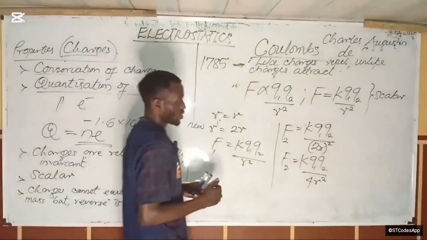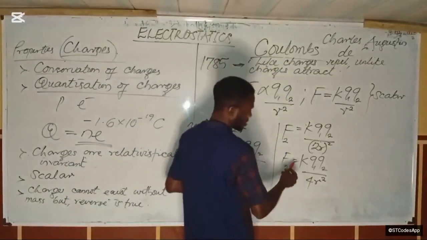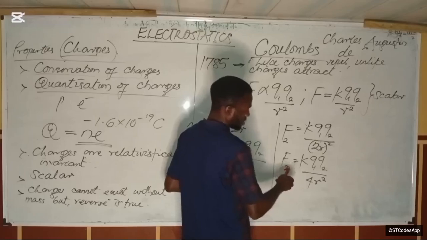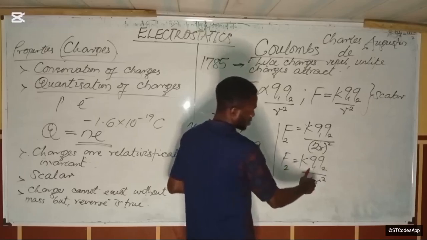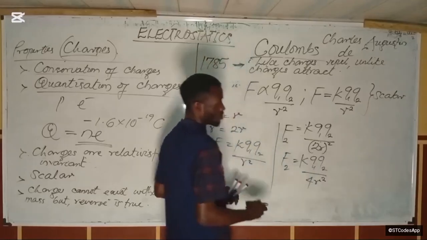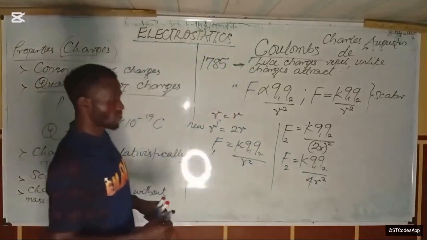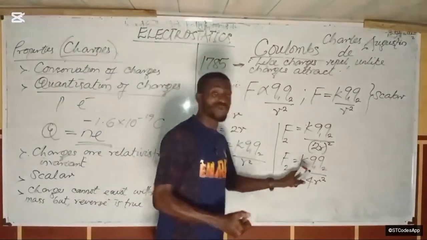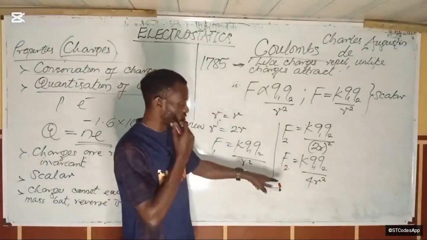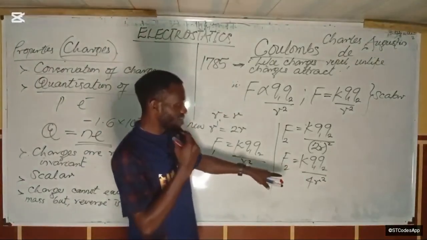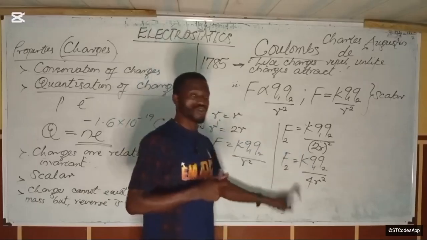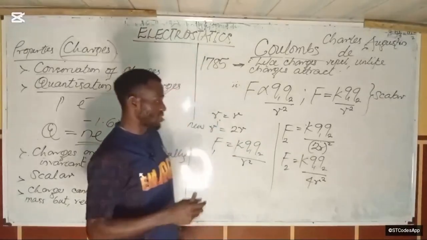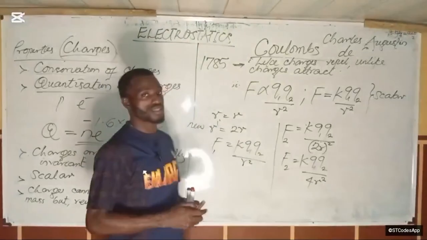What does that tell you? It tells you that the value of this is going to reduce by 4 times. Sorry, it's not half. The value of the force that will be felt will reduce by 4 times if you double the distance.